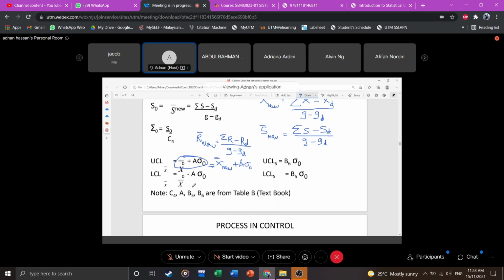This formula also works. The difference is only the minus sign for the lower control limit.